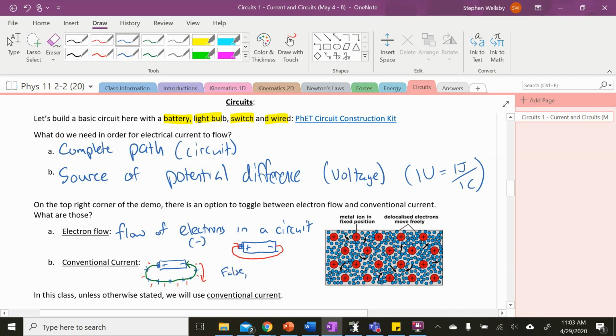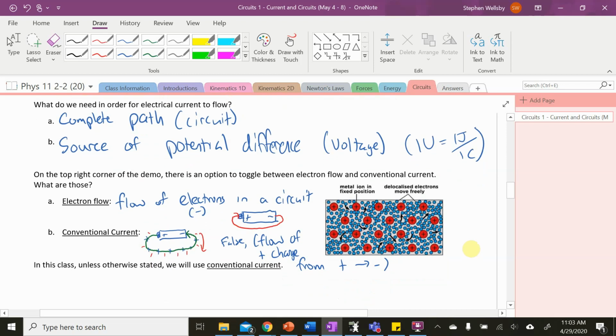For whatever reason, we have all decided to go along with this lie, and when we're talking about conventional current, we are saying that it's the flow of positive charge from positive to negative. So this is what we're all pretending is happening.